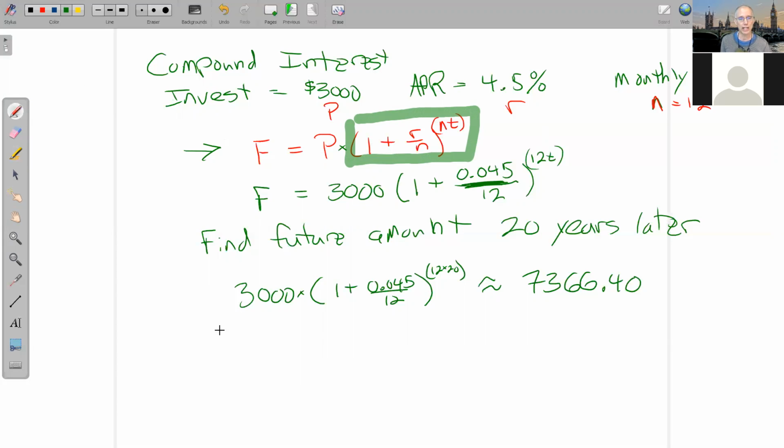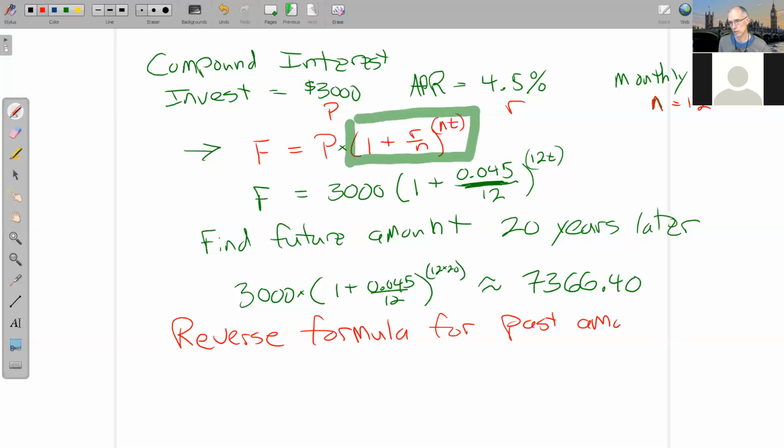So it turns out I can reverse this for past amounts and make predictions if you know what you want to have in the future.